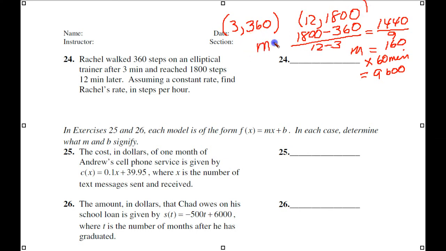And we set that up in our slope formula, and we get 1440 over 9, which gives 160 steps per minute. But what they were asking is steps per hour. So we had to multiply that by 60 minutes, and that gives us the number of steps per hour.